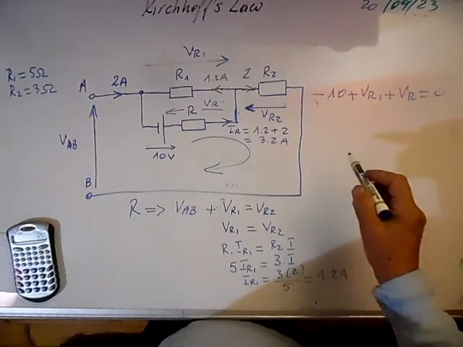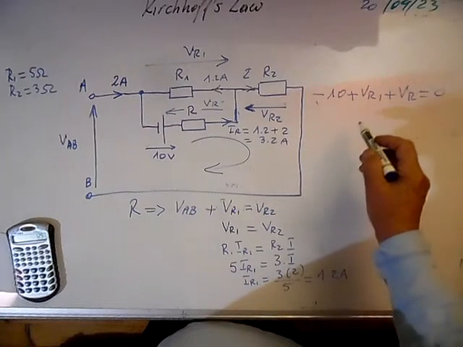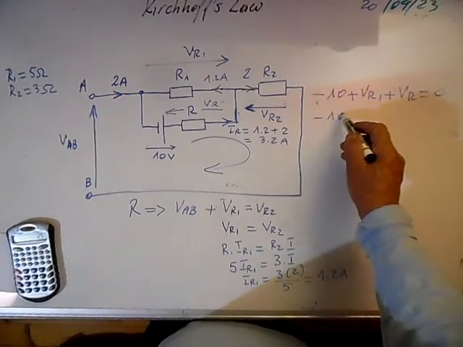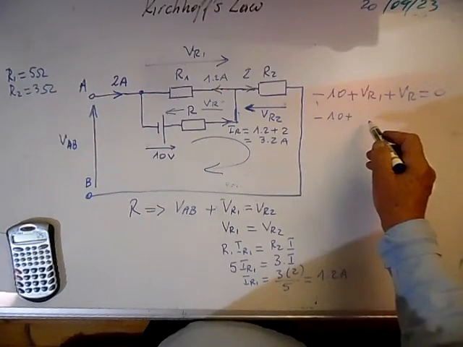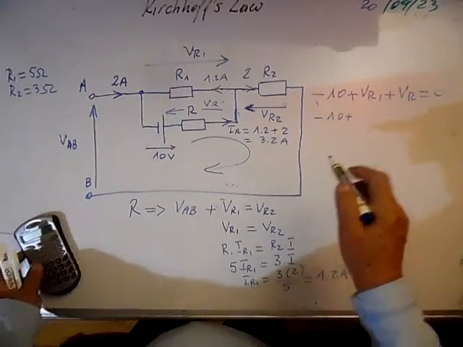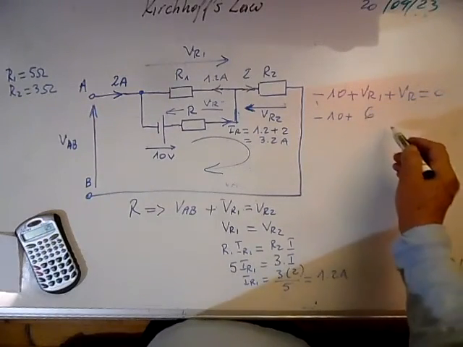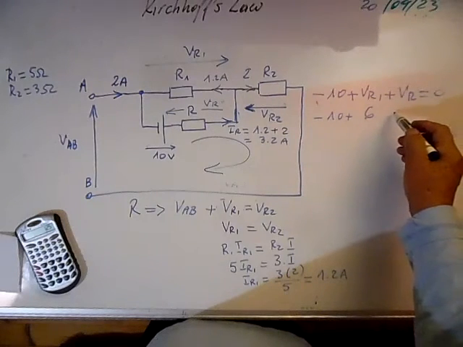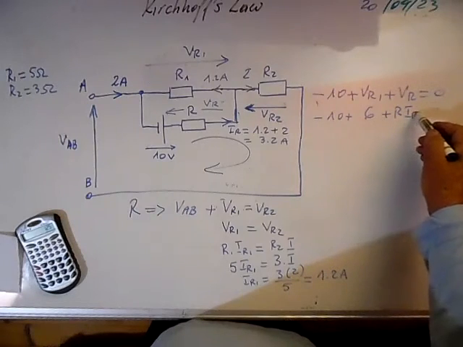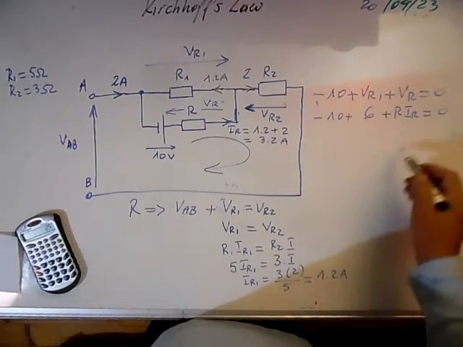So R1 is 5, so minus 10 plus R1 times 1.2, which is 6 volts, plus R times IR should be equal to 0.